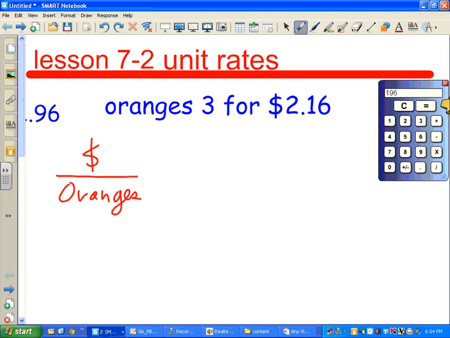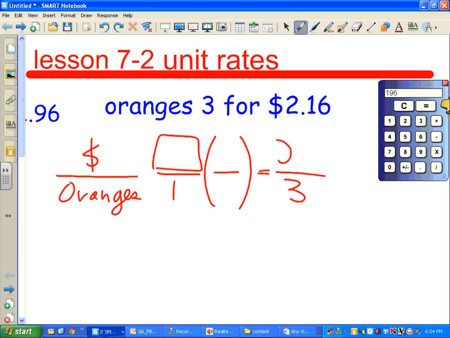Well, I want to know the unit cost. I do not know how much that unit costs, but I do know it's going to be times something to give me 3 oranges for $2.16. 1 times this gives me that. What's this? 3. 1 times 3 gives me 3. 3 on the top has to be 3 on the bottom because it has to be equal to 1.